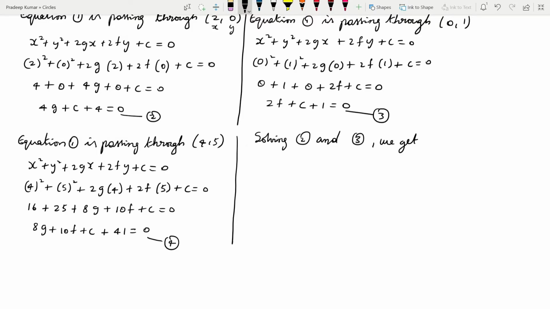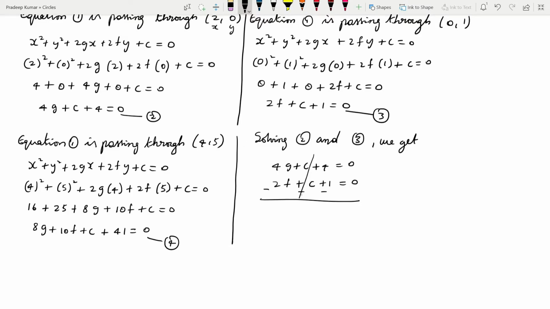So what is the second equation? This is the second equation. I'll just write here 4g plus c plus 4 equal to 0. Whereas the third equation, that also I'll write here: 2f plus c plus 1 equal to 0. So let's change the sign. This is minus, this is minus, this is minus, plus c minus c can be cancelled. So we'll just write the remaining elements.